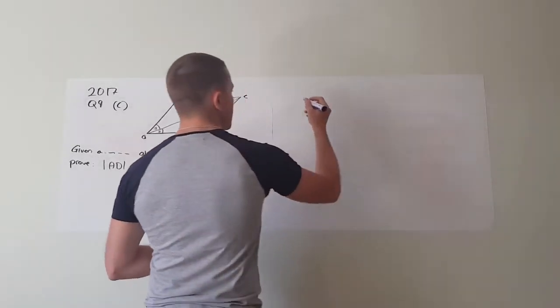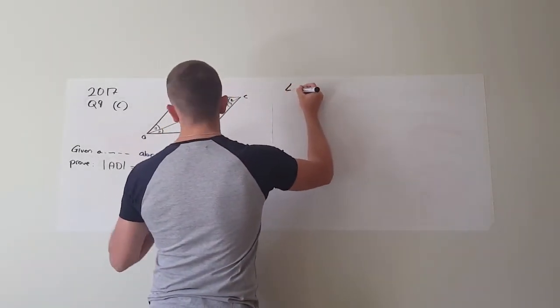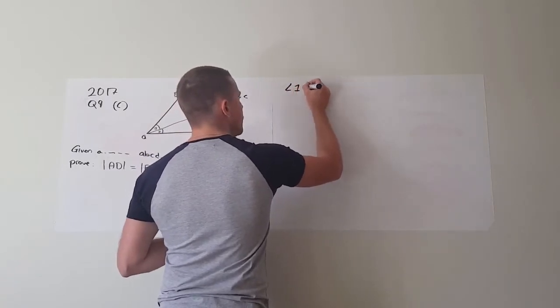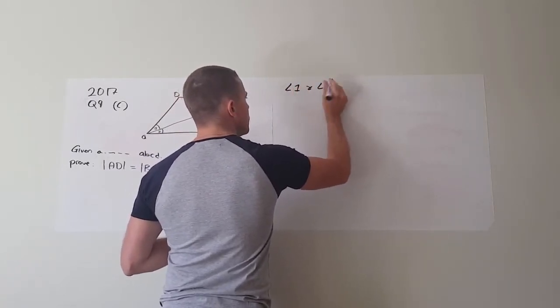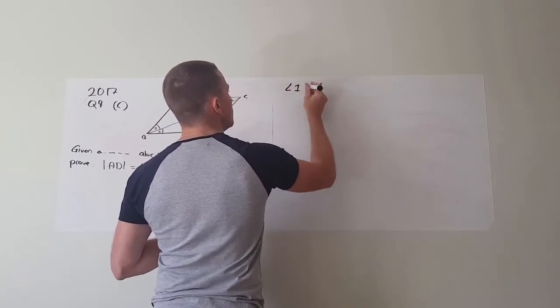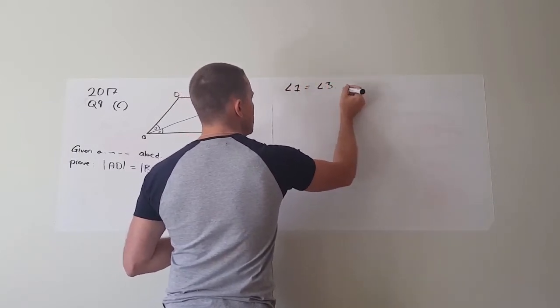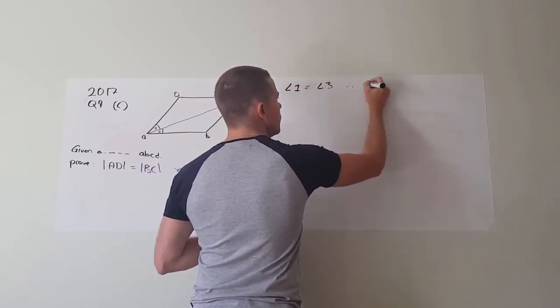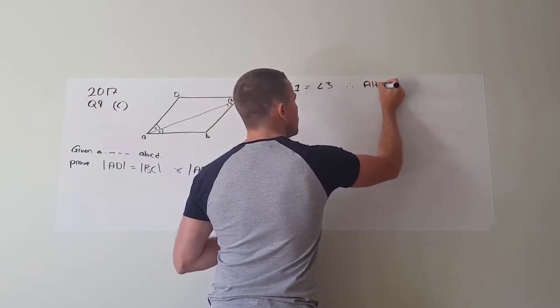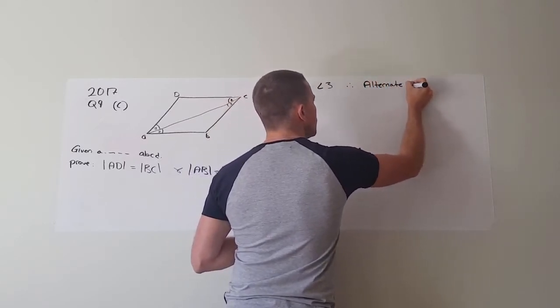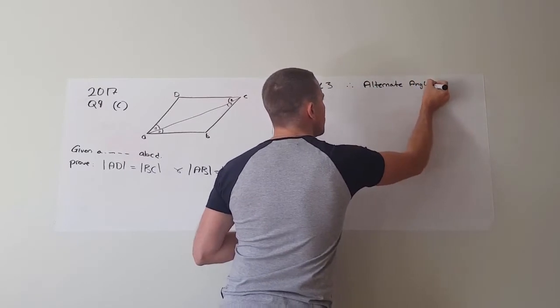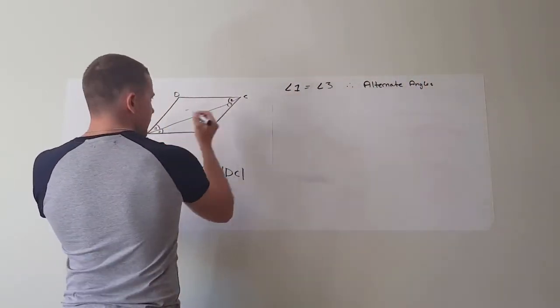Alright, so we're going to say that angle 1 is equal to angle 3. Why? Because they're alternate. Alright, similarly, angle 2 and angle 4.